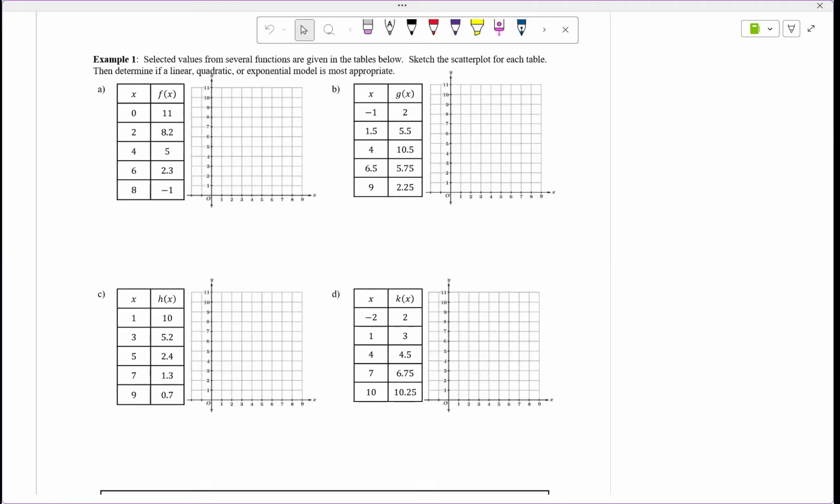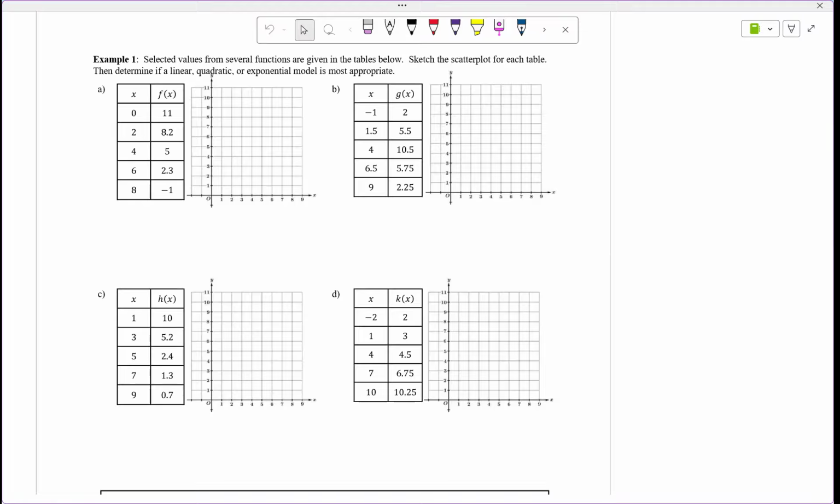If you want to plot them, you may, of course, the choice is yours. Yeah, quadratic. It's concave. It's kind of linear.